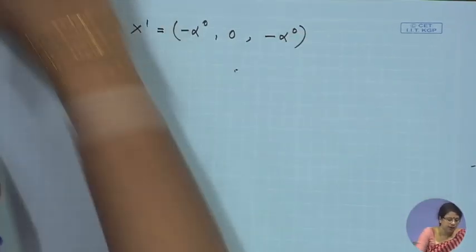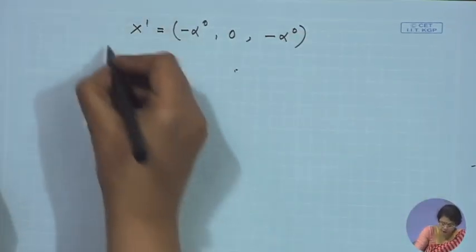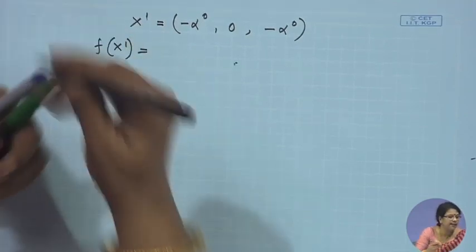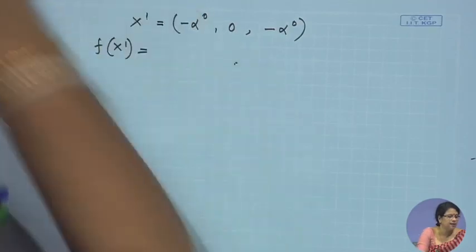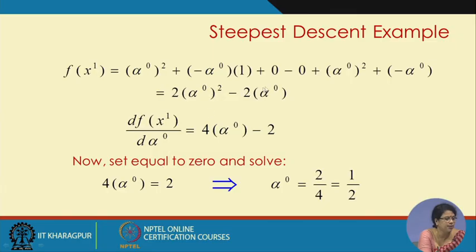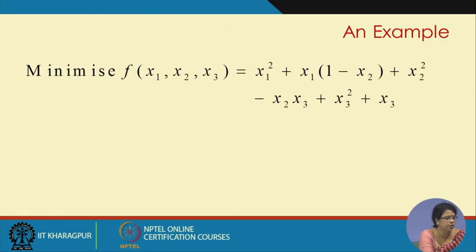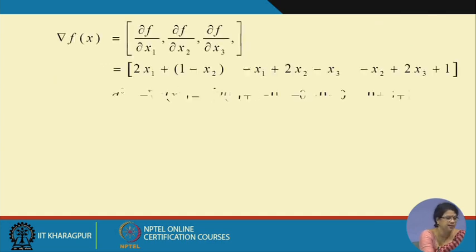Now if I substitute the value for f(x1), we get this function of alpha 0. This substitution has been done in the original function. I will show you the function. x1, x2, x3 will be considered this way.